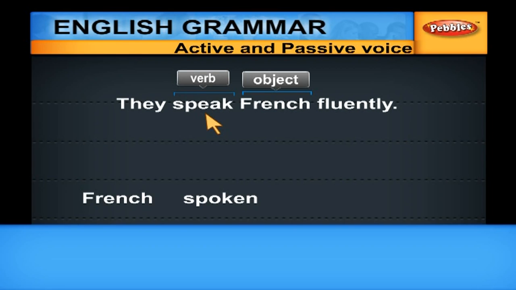The tense is simple present, so you have to use am, is, are. So, French takes is, therefore, French is spoken. Introduce by, and they becomes them. Do you remember? French is spoken fluently by them.